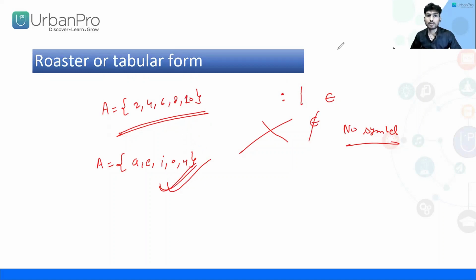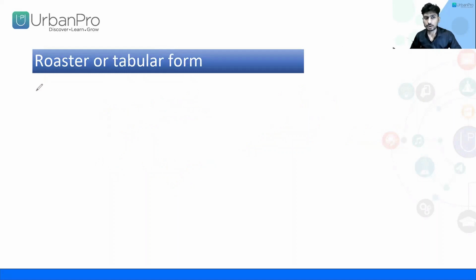Now, for converting a question into roster form, you are given a question in the set builder form. Like, I am taking an example. I will discuss it later in this video. Like, x such that x is of the form 3n, where n belongs to natural number, and n is less than 10.